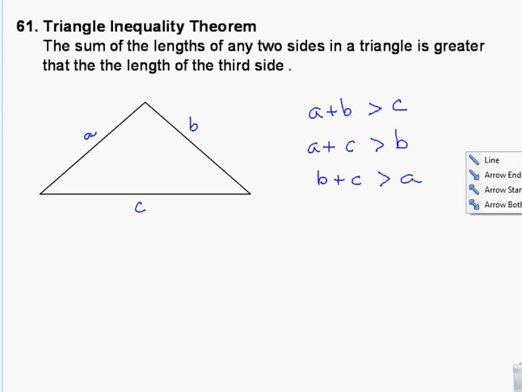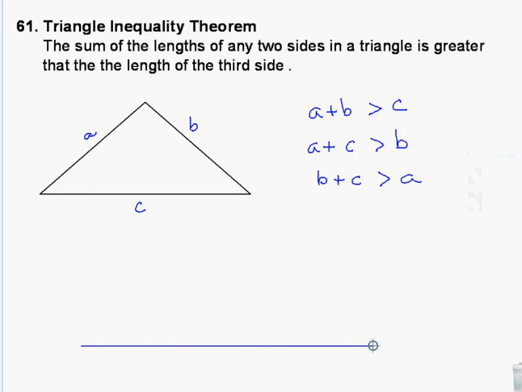If I have, let me get lines. Okay, here is one side of a triangle. And here is another side. And here is the final side. Okay. If I then take those triangle sides and I collapse them down and make them flat, they're going to overlap.